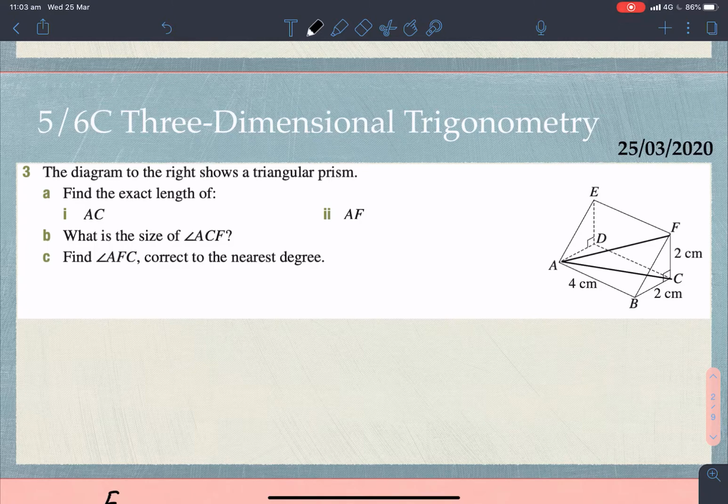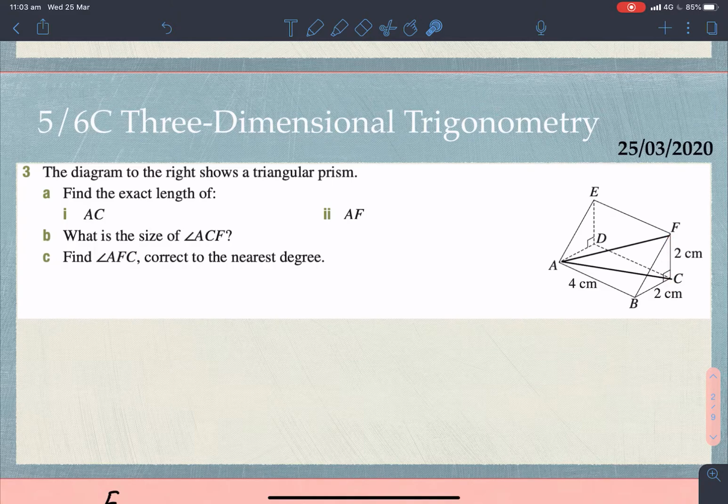A lot of those questions will scaffold you from the first part to the second. If you don't get the first part, the second part is probably a little bit hard to achieve. So in this case, we find AC and AF first, and then the second part asks us to find the angle ACF. Well, FC is perpendicular to CD, which is perpendicular to the plane ABCD.